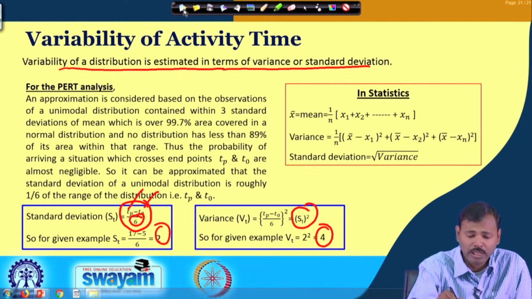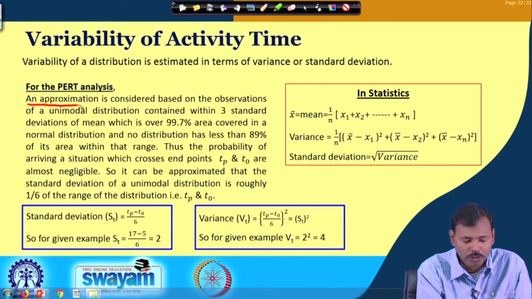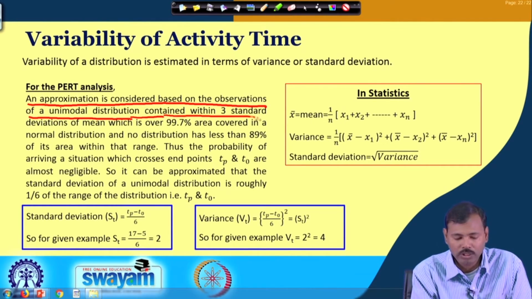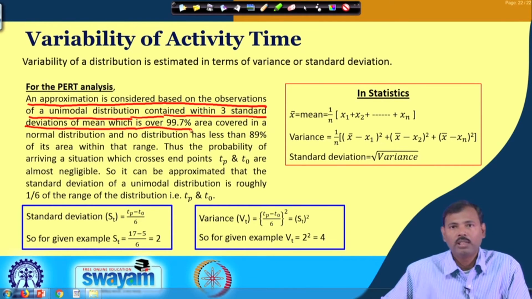Now, this is also another approximation. An approximation is considered based on the observations of a unimodal distribution contained within 3 standard deviations of the mean, which is over 99.7%.